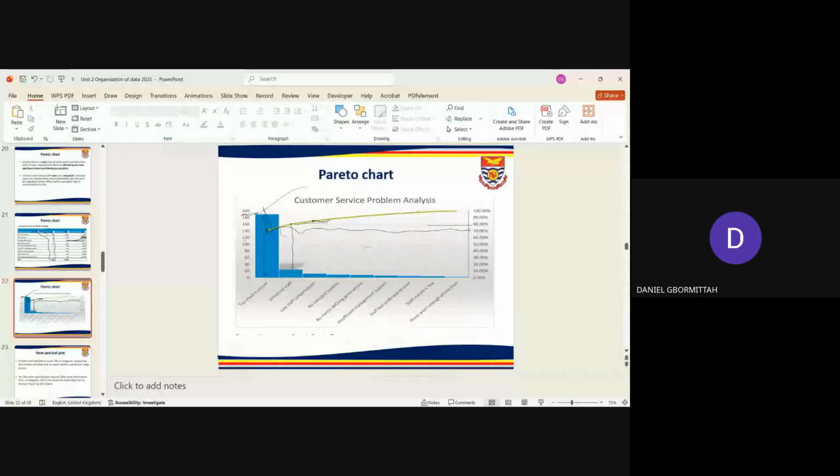When we trace this, my hands are not straight. Can I raise it a little bit? In the middle, right? 85. It's supposed to be in the middle here. This is the 85, so somewhere here.